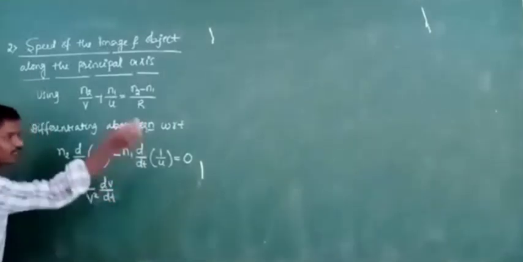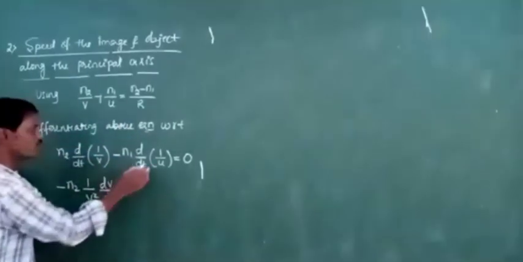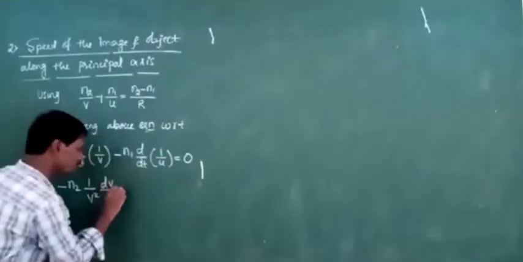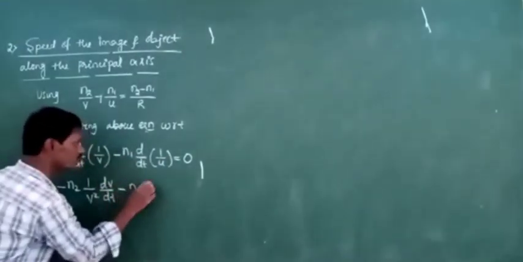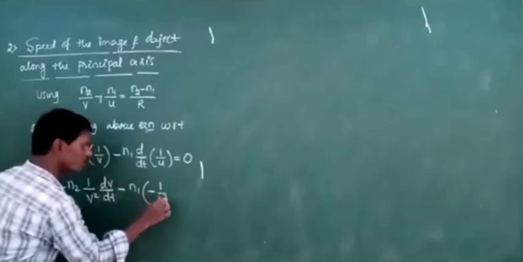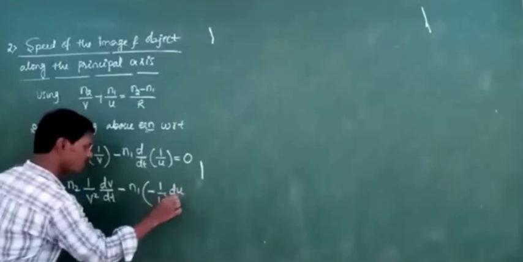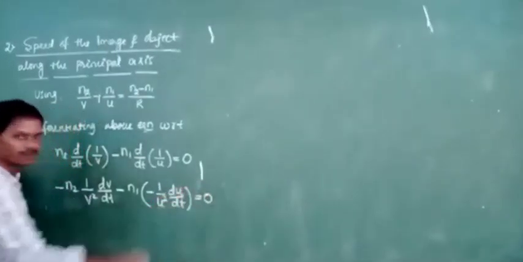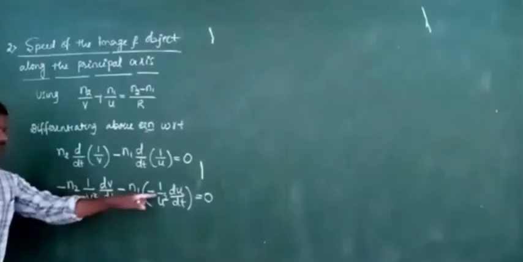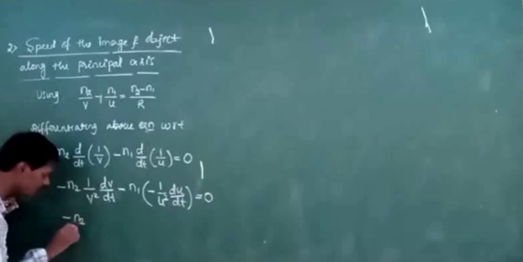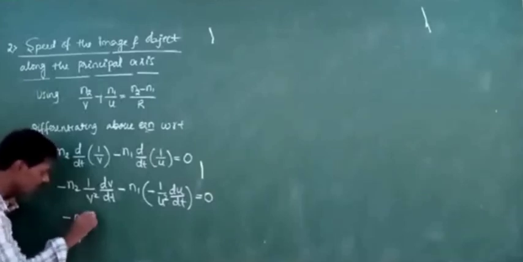So already I said about differentiation. Then what is the differentiation of 1 by u with respect to t? That is minus of 1 by u square du by dt, with n1 outside. That is equal to 0. Then minus into minus is plus, so it is minus of n2 by v square dv by dt.